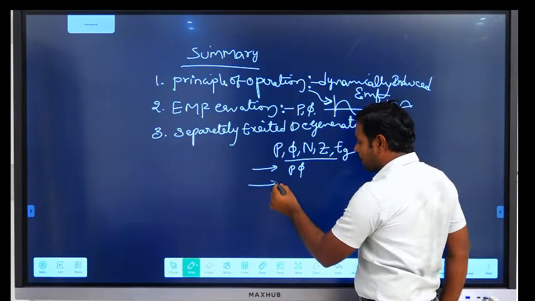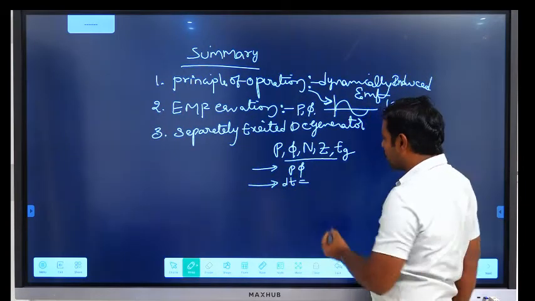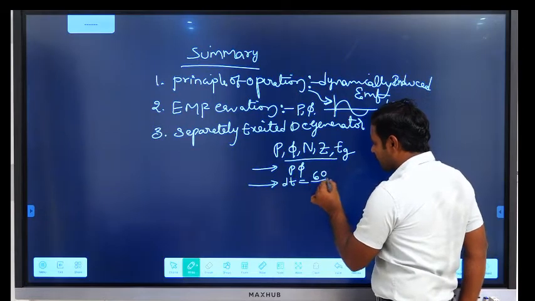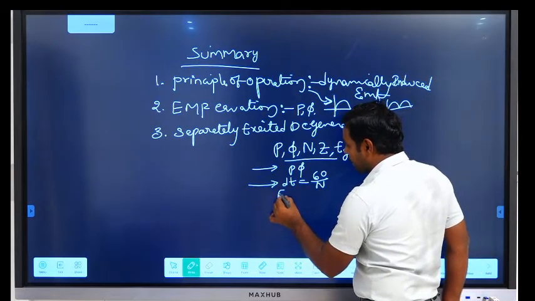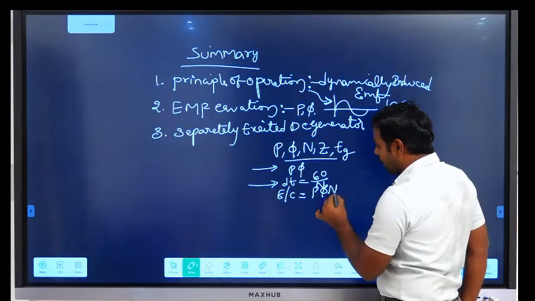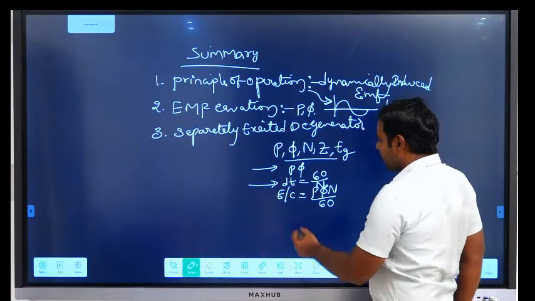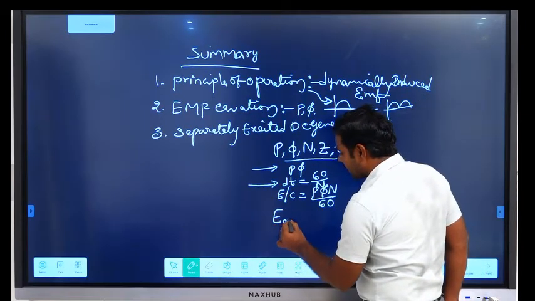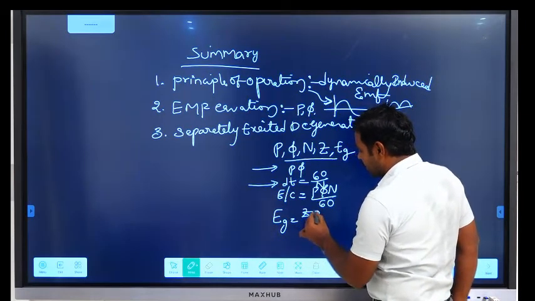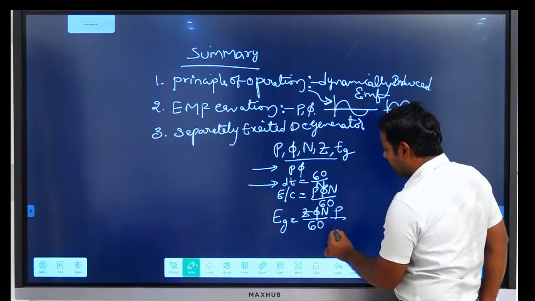Time taken to complete one revolution, dt, is equal to 60 divided by N. So EMF per conductor is equal to P phi N divided by 60. So total generated voltage Eg is equal to Z phi N by 60 into P by A.